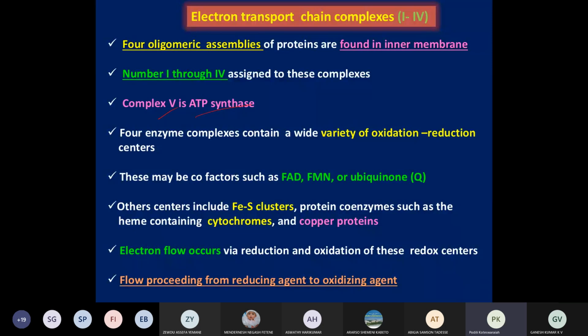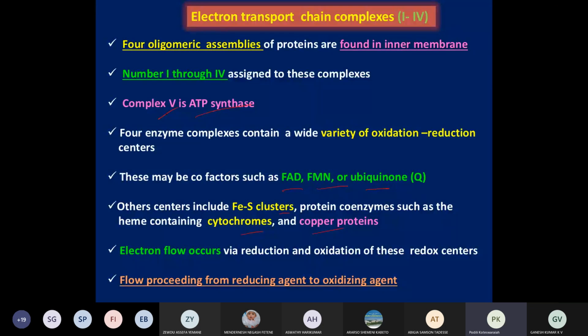All these complexes have many oxidation reduction centers, with cofactors like FAD, FMN, ubiquinone, iron sulfur clusters, cytochromes, copper proteins, and so on. During the process of electron transfer, these oxidation reduction centers undergo either oxidation or reduction to facilitate the unidirectional electron transfer.